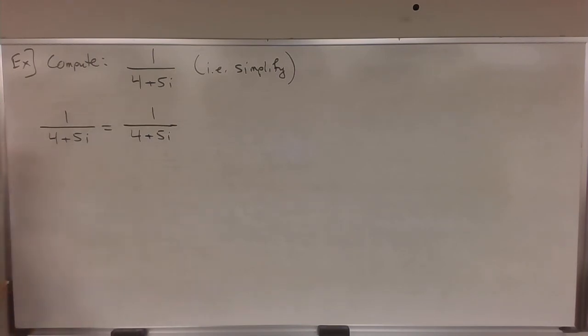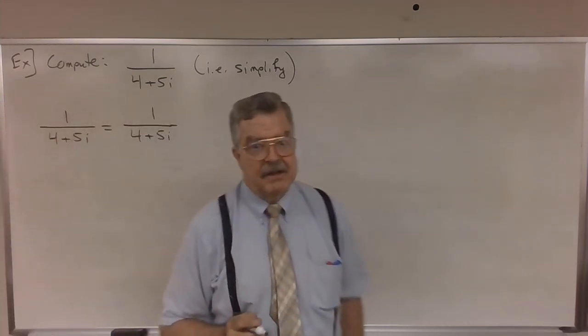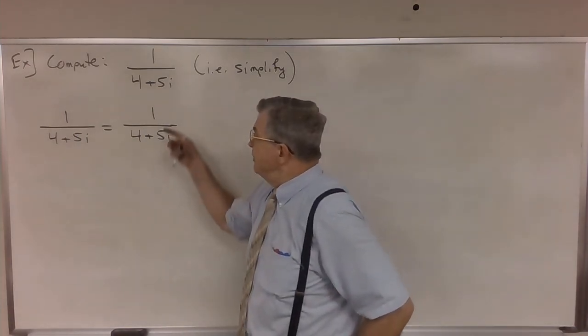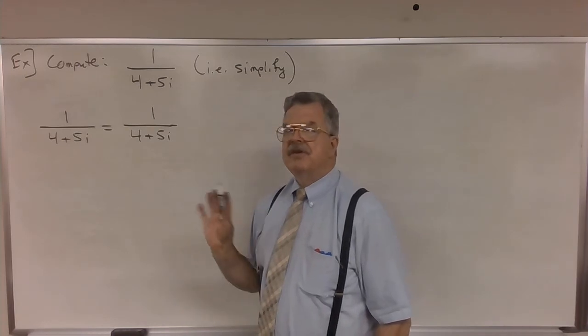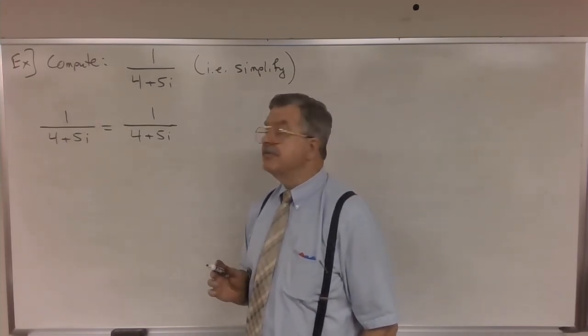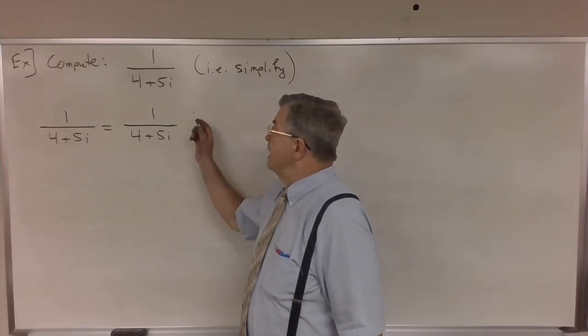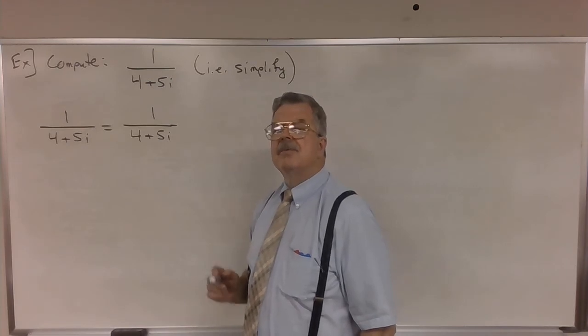Now remember something. Every real number is also a complex number. So this is the quotient of two complex numbers. We'll treat this the same way we treat every other quotient of complex numbers. We'll multiply top and bottom by the conjugate of the denominator so that we'll change the denominator into a real number.